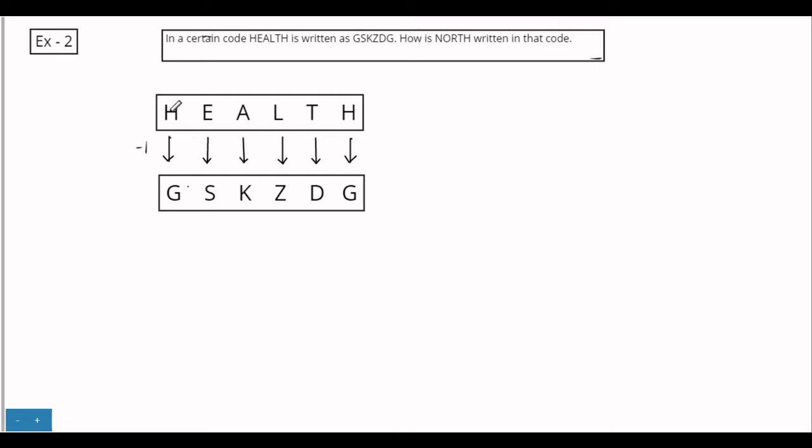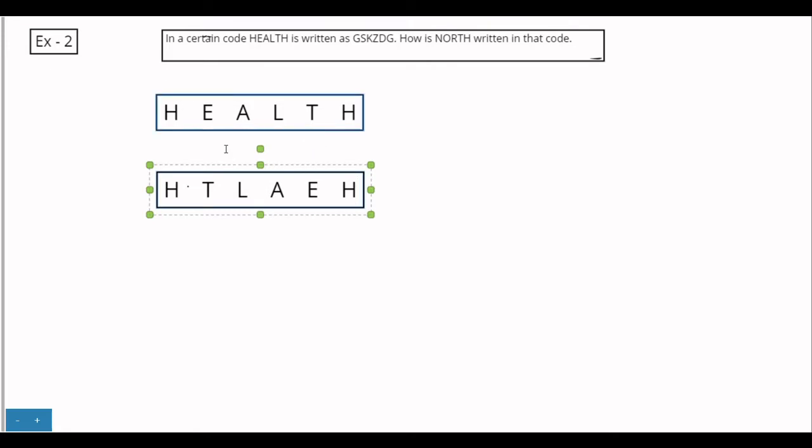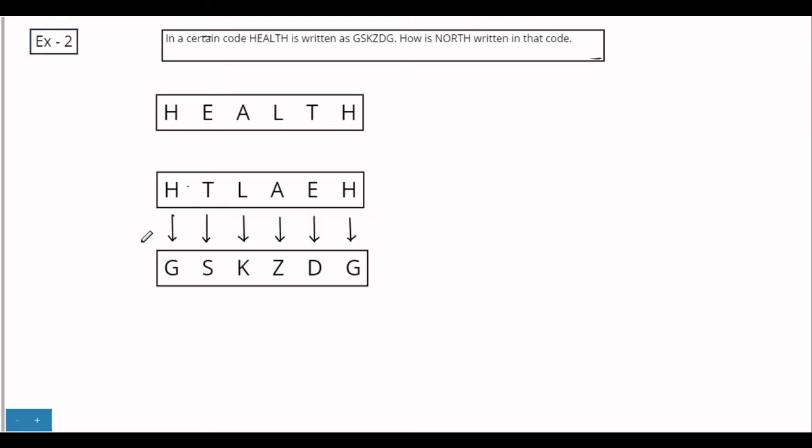So in these type of questions, we don't go directly. We interchange the whole word. So this H comes over here, this T comes over here, this L comes over here, this A comes over here, E comes over here, and H comes over here.